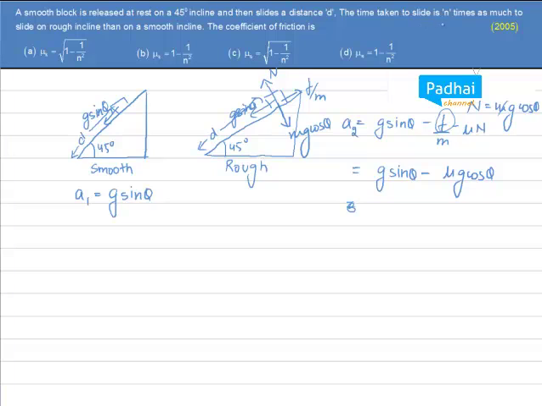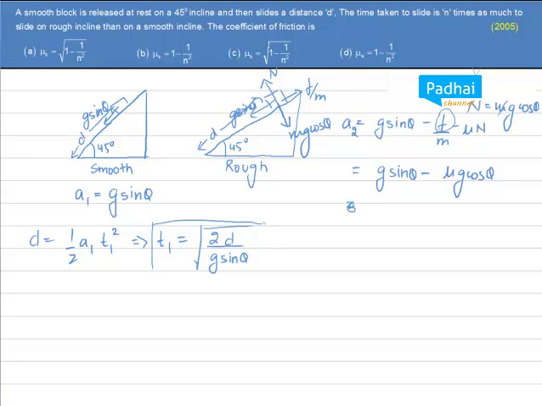The time taken to slide is n times as much to slide on a rough incline than on a smooth incline, right? So we have to calculate the time. So what equation will we use? Both have to travel the distance d. So that means d will be equal to half A1 T1 square, right? So T1 will be equal to under root of 2d over g sine theta, right?